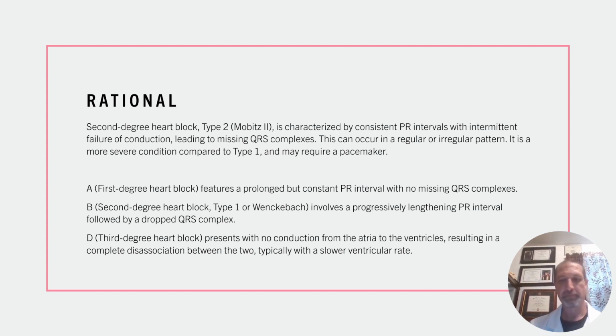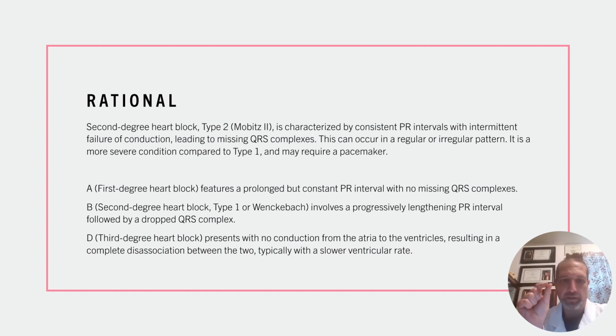Why? Second degree type 2 basically consists of PR intervals that fail to conduct, leading to a missing QRS complex. So you just have to remember there is a poem that goes with this.